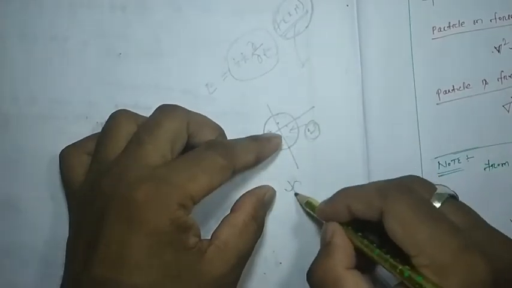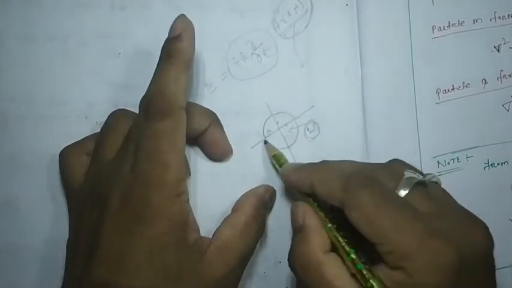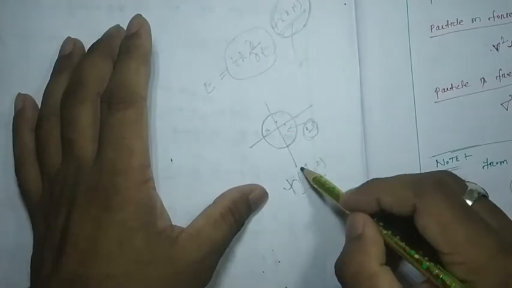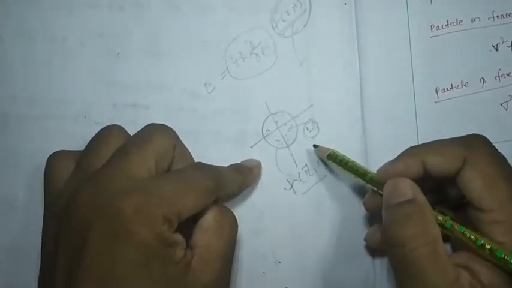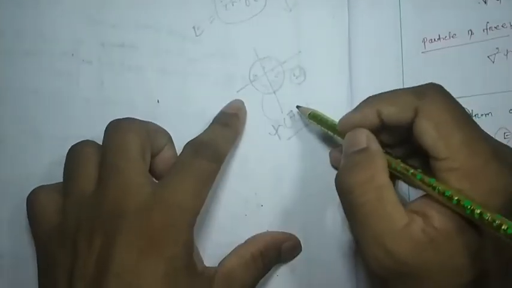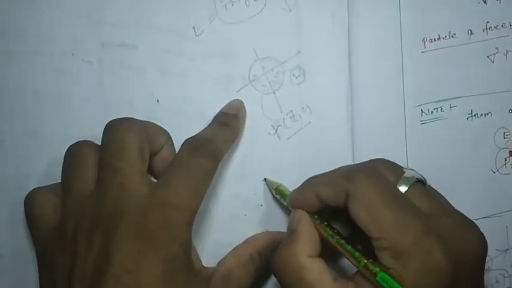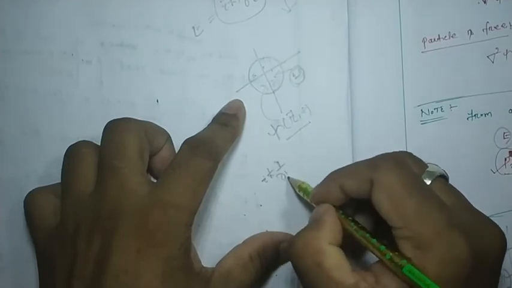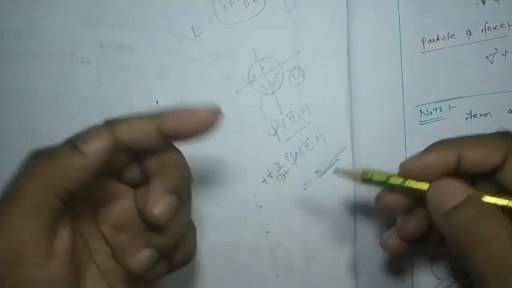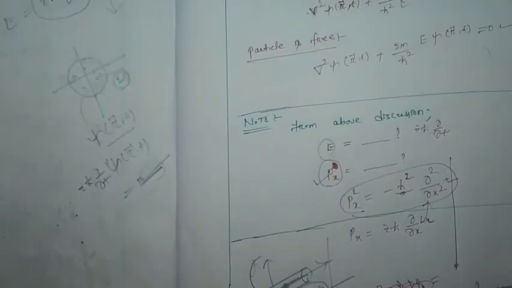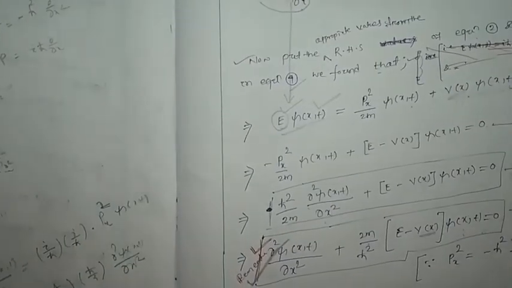If this electron's wave function is psi r t, suppose it is three-dimensional, then how much energy is possessed by this electron? If somebody asks, it will be i h cross del by del t of psi r t that gives the answer. In which way we find it in detail, we are going to study in our operator topic in the next classes.